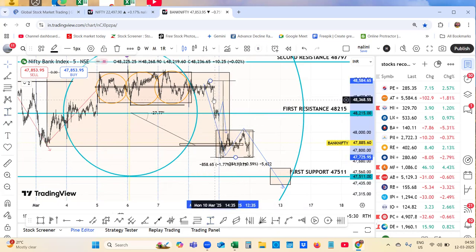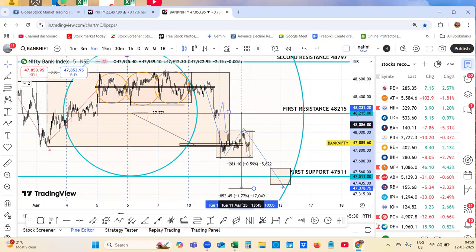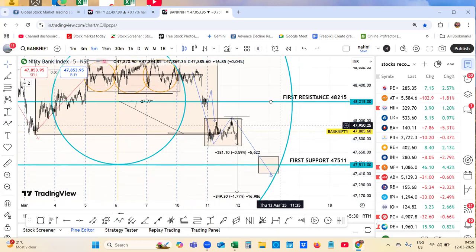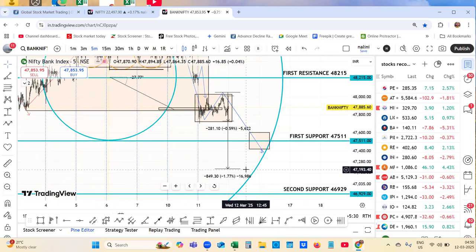That is 858 points. Suppose we measure this move, it comes around 47,000. The measured move comes around 47,183. That is 849 points from here.